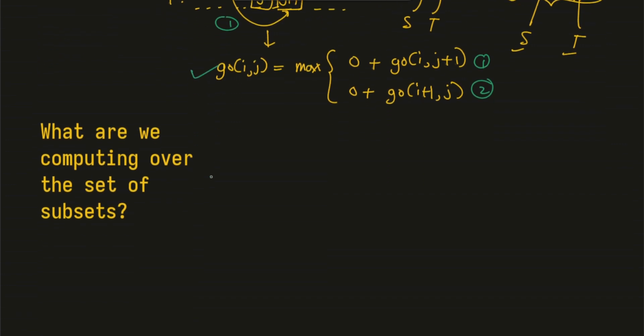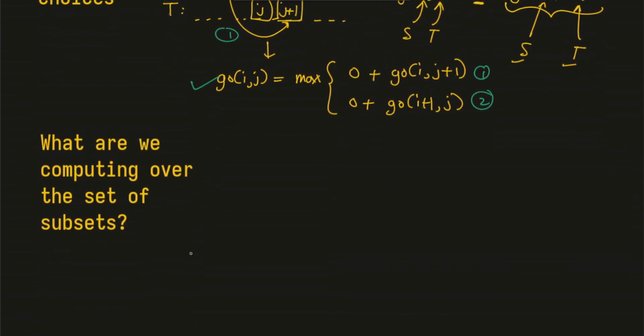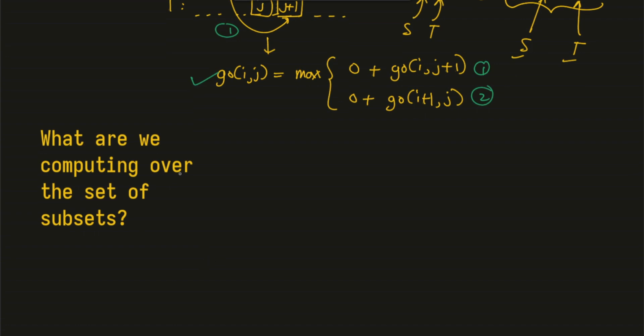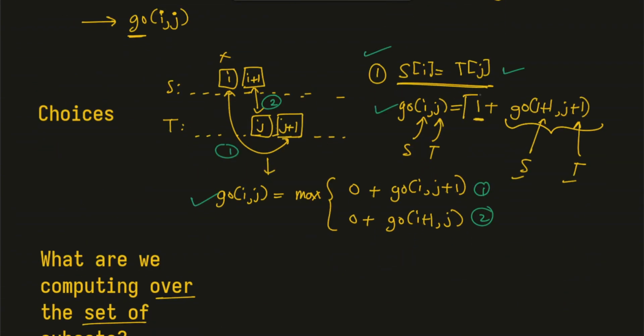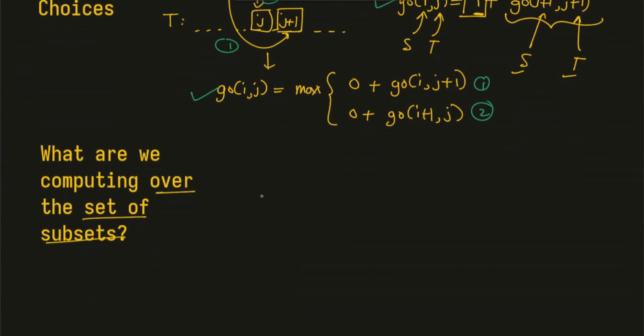We had three choices. Now next, let's look at what we are computing over the set of subsets that we are constructing. As we saw here, we need to know the maximum length of the common subsequence. Hence the value that we are computing is the length of the subsequence.